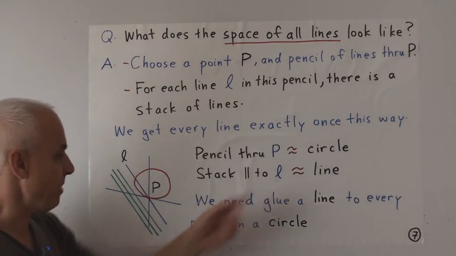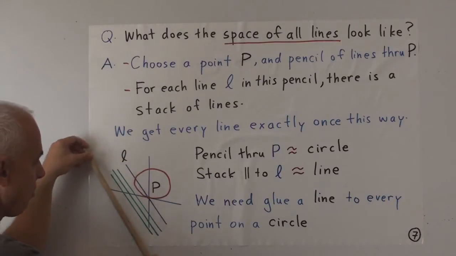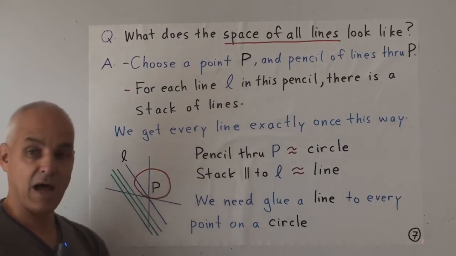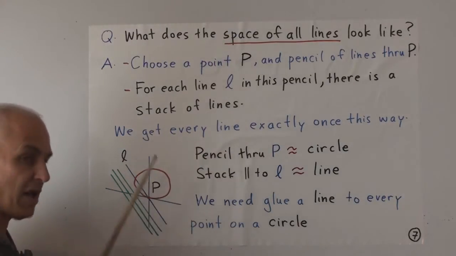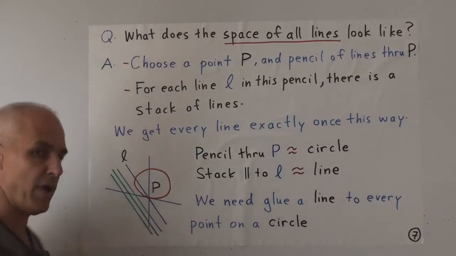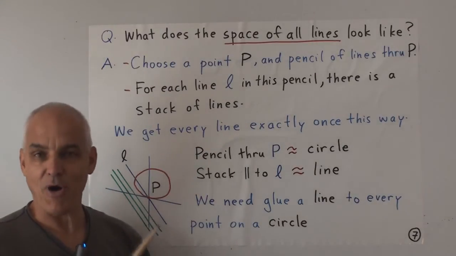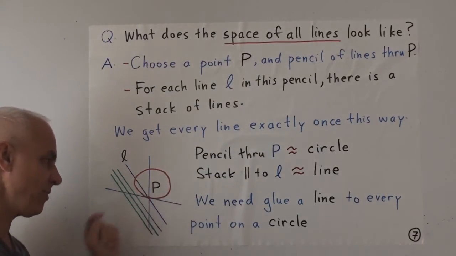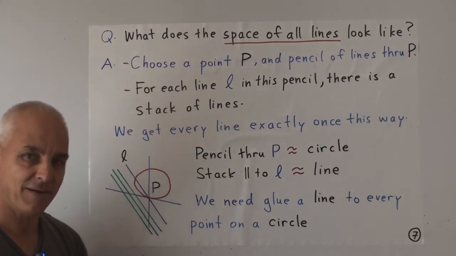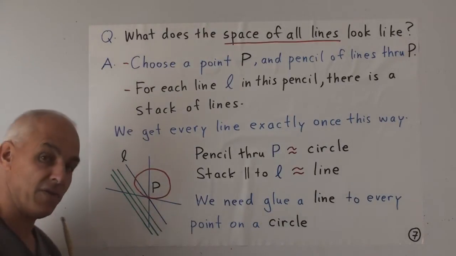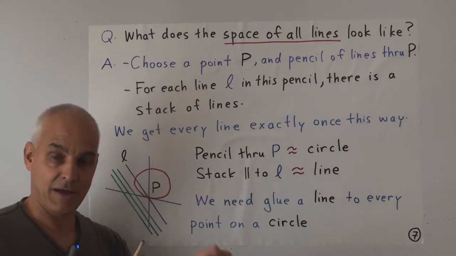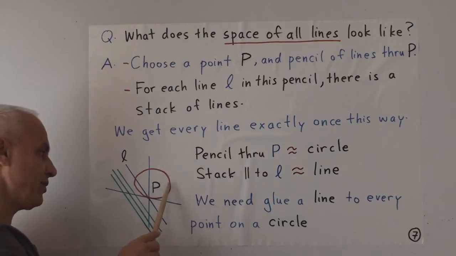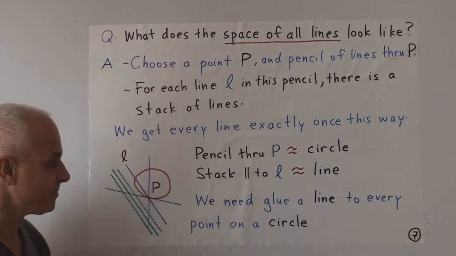And what about the stack, say parallel to a line L? If we take that line L and ask, what does the stack of lines parallel to it look like? The answer is a line. There's a kind of line of lines which are contained in the stack through L. So to describe all the lines in 2-space, we could start off by thinking about this circle representing the pencil of lines through P, and then to every point on this circle we associate a line, the line representing the stack of lines which are parallel to the line through that point.